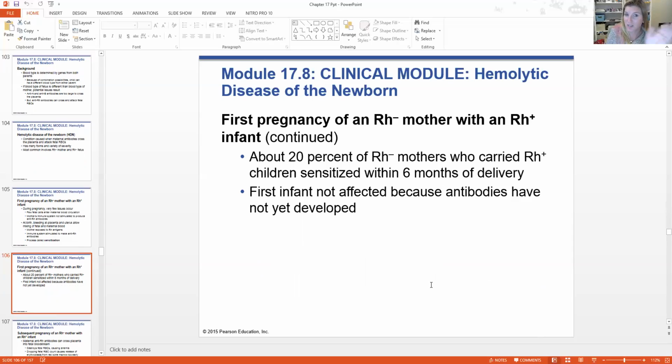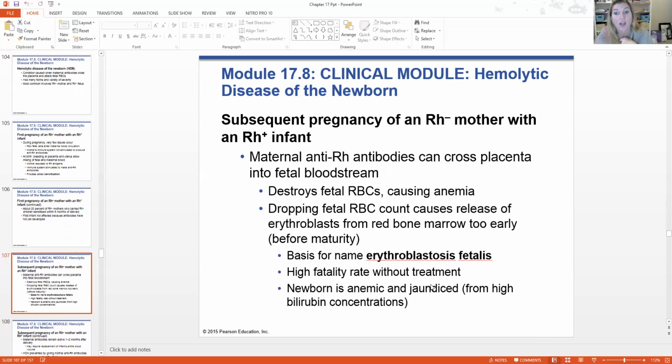The first infant's not affected because there's no antibodies, right? You have to be sensitized through an exposure incident to create those anti-Rh antibodies. In a subsequent pregnancy of an Rh negative mother with an Rh positive infant, those anti-Rh antibodies can cross the placenta, go into the fetal bloodstream, destroy fetal red blood cells, and cause anemia, dropping the fetal red blood cell count to dangerous levels.